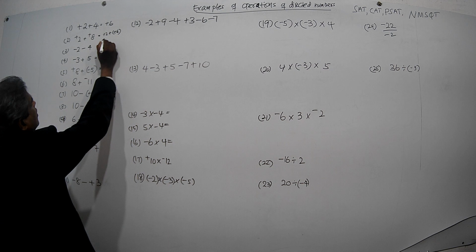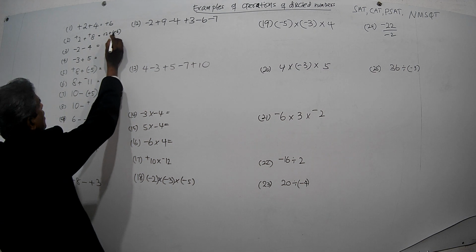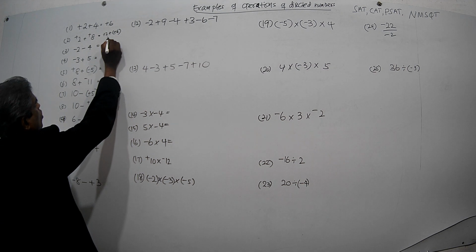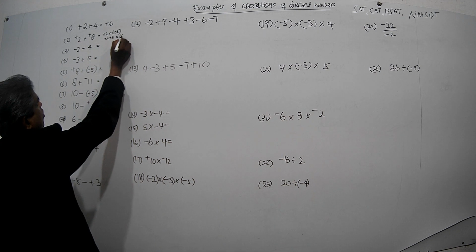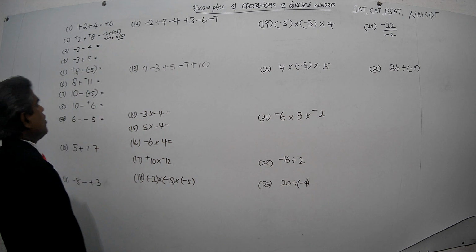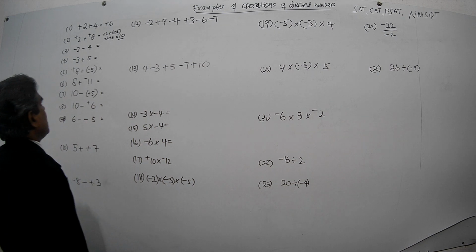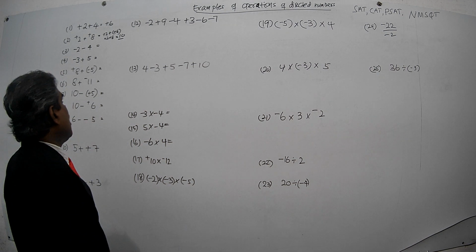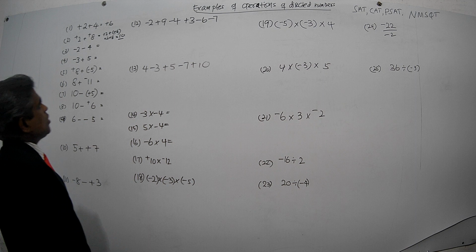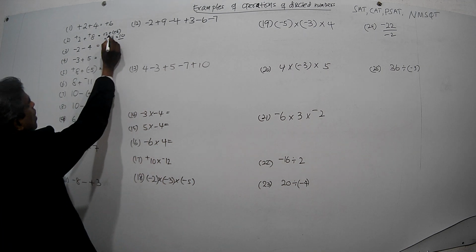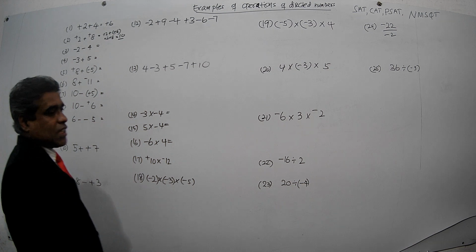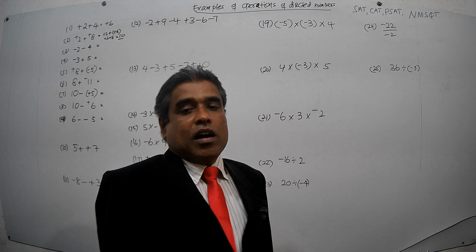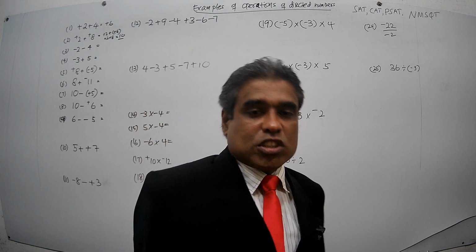Then you can write this as 2 plus 8 and the answer will be 10. According to the rules we discussed in the previous video, when you have two signs like this, you can multiply those signs. The sign multiplication has been done in the previous video, better go to that video and watch it.